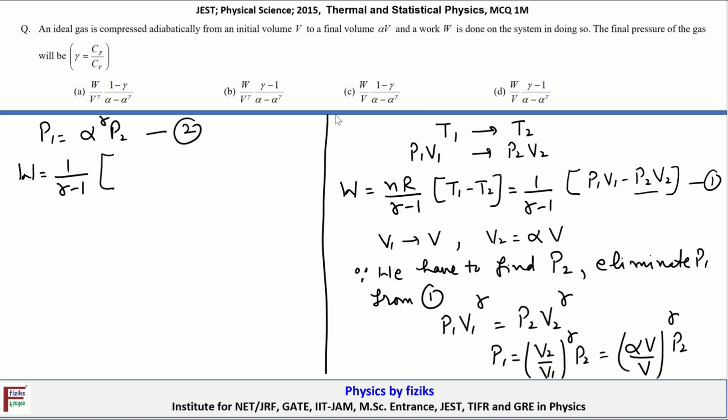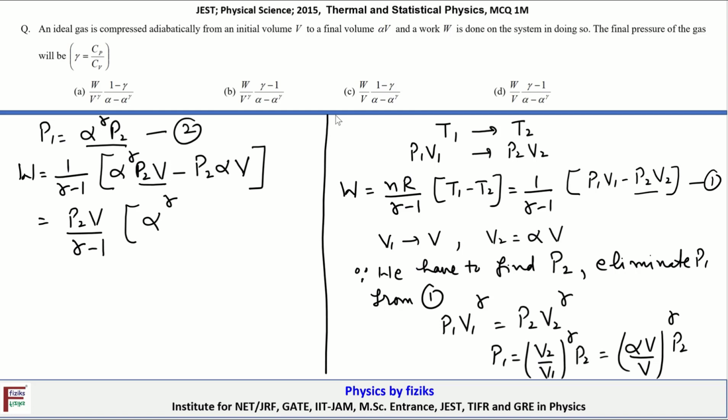Now P1 is this expression, so P1 V1 is alpha power gamma P2, multiplied by V1, which is V, minus P2, as it is, and then V2, which is alpha times V. From here we take the common terms outside, so P2 V is common in both of these expressions. So P2 V upon gamma minus 1, and then inside the bracket it's alpha power gamma minus alpha.